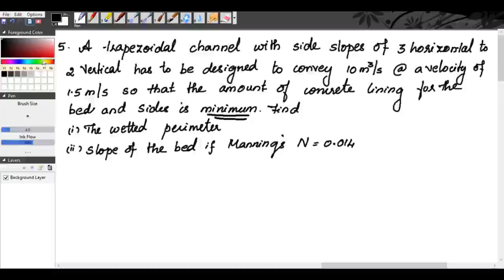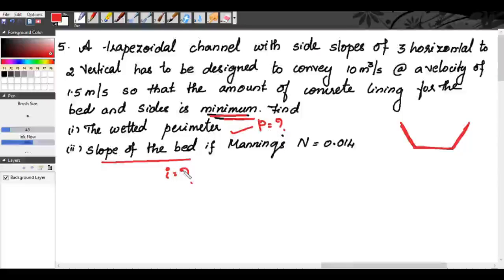That means it is open channel flow. Find the wetted perimeter. You know how to calculate. Slope of the bed, you need to find what is i. What is P, wetted perimeter? That is 2 times the sloping side plus B. That will be your wetted perimeter.